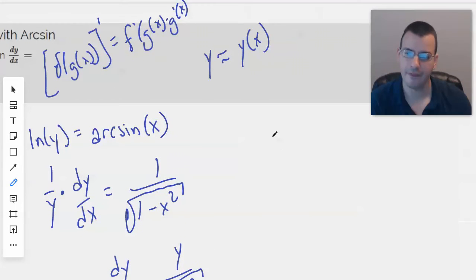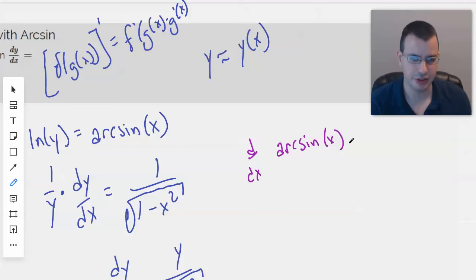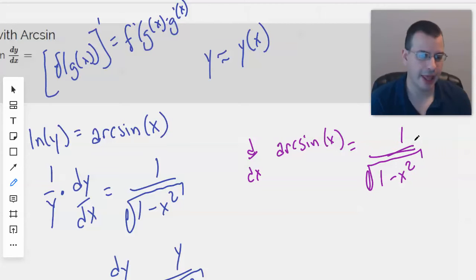So the derivative of arcsine of x equals 1 over the square root of 1 minus x squared.